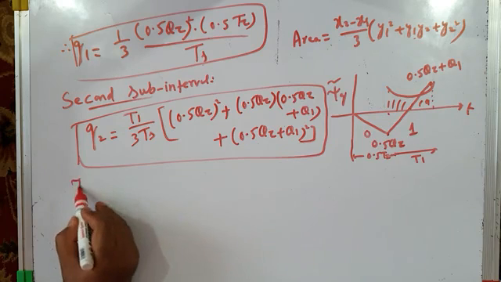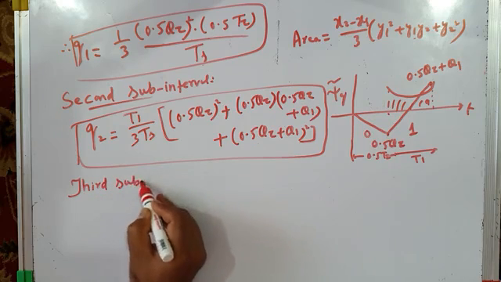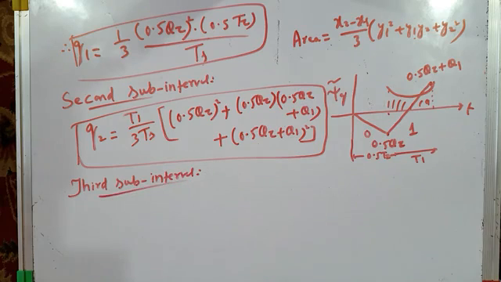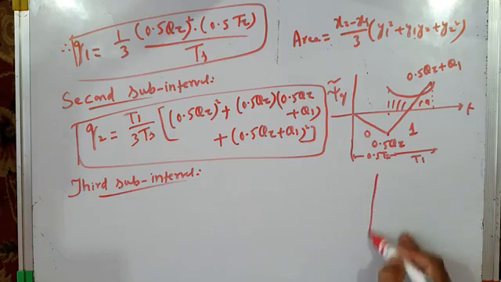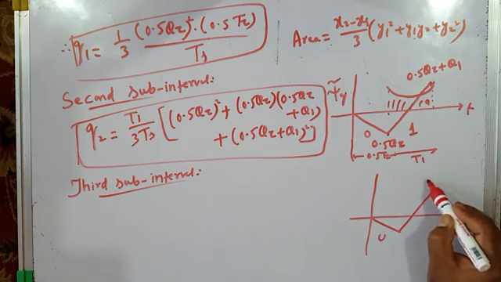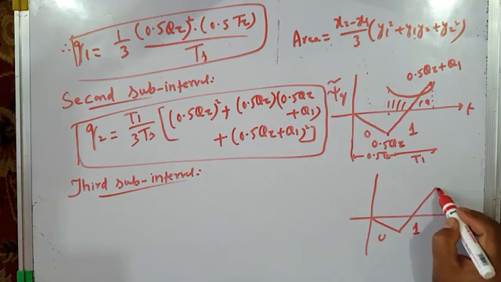Let us quickly go to the third subinterval. In the third subinterval, active vector 2 is applied. First, null vector 0 was applied, then active vector 1 was applied, and then active vector 2 is applied.